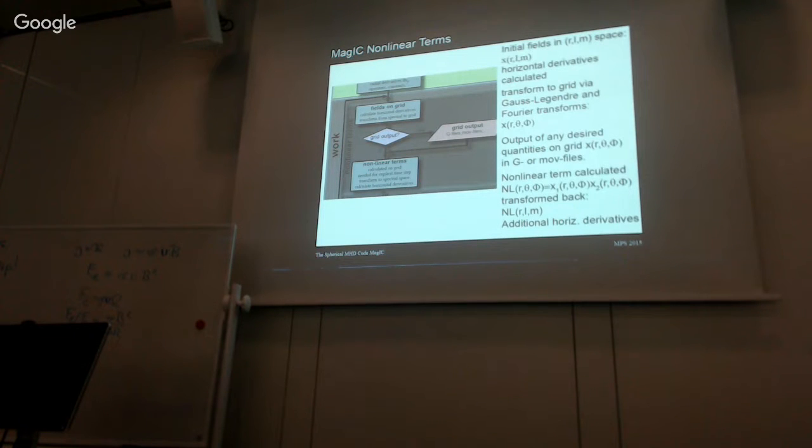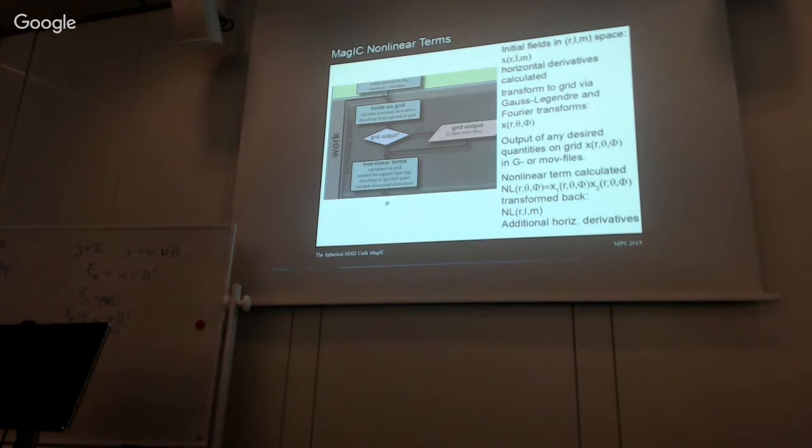Because, as I said, it's difficult to interpret anyway. People normally don't look at that. Actually, I found a reason recently because I wanted to check some force balances. If you want to check force balances, you need the pressure because the pressure gradient is an important part of it. So sometimes you want that, but for graphical visualization, it's not terribly helpful. That's why it's not stored in the G files.